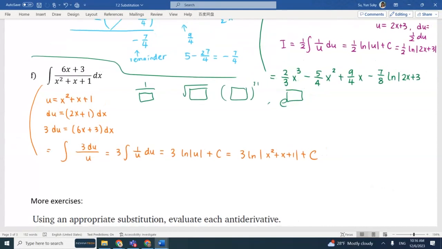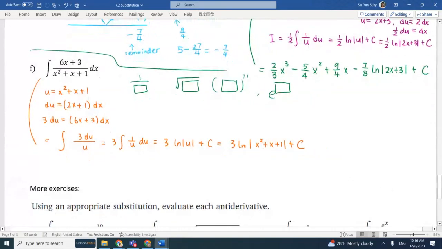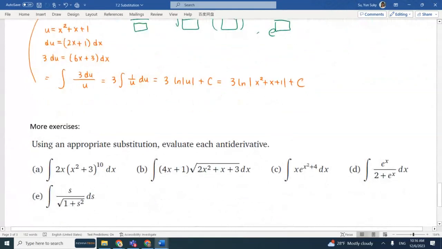Okay. So this is part F. Here we have more exercises. I will let you do them at home. But do you want to practice just to recognize what is u? Let's see. First problem. What do you think the u should be? Exactly. Second problem.